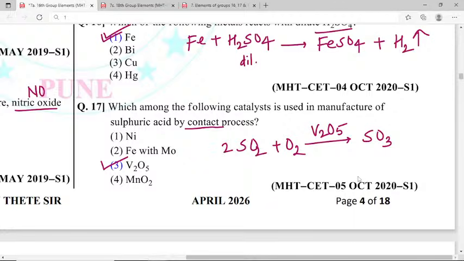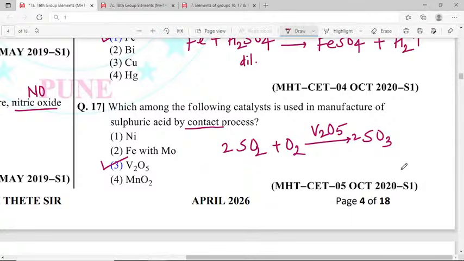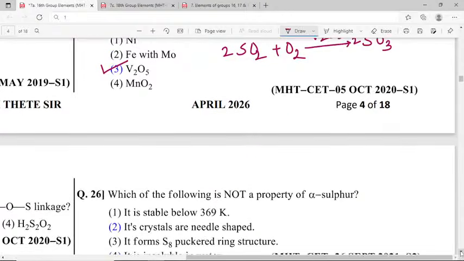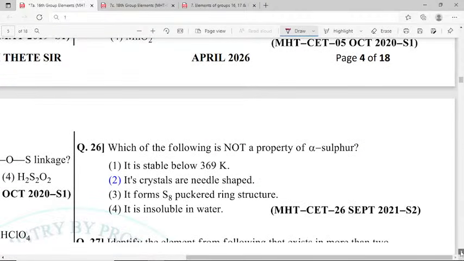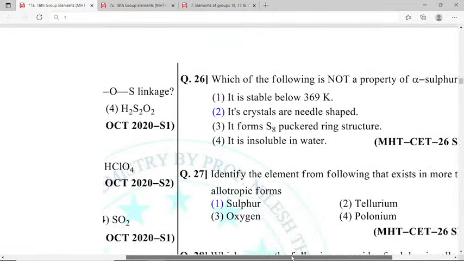This is twice, this is again twice. So vanadium pentoxide is used as a catalyst to convert sulfur dioxide into sulfur trioxide by the contact process. Always remember, by the contact process, vanadium pentoxide, oxidizing agent.